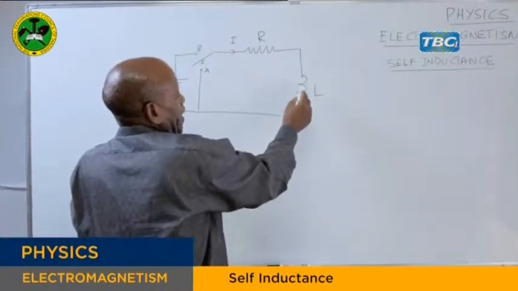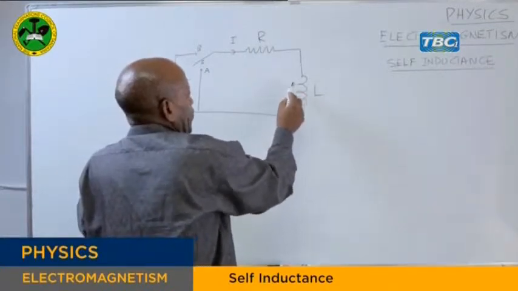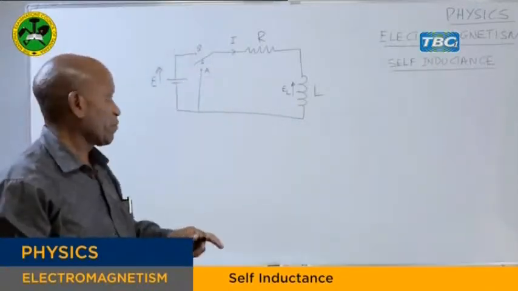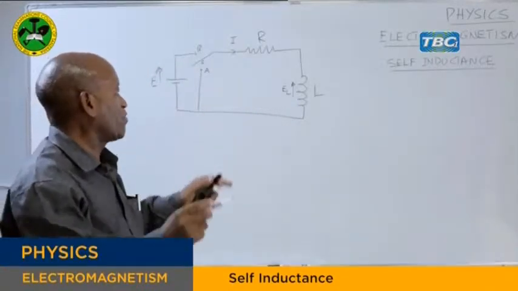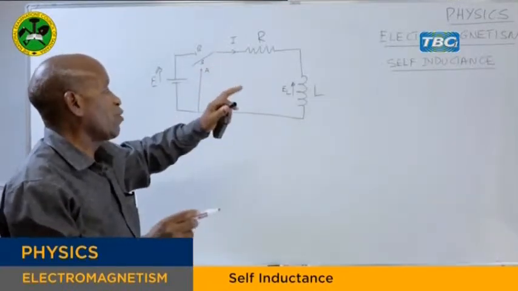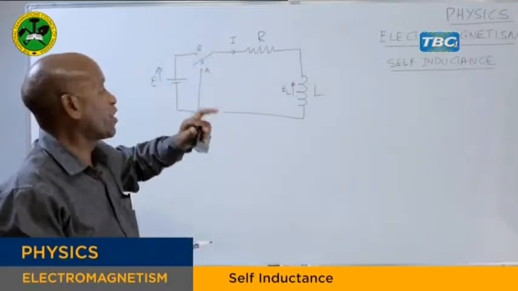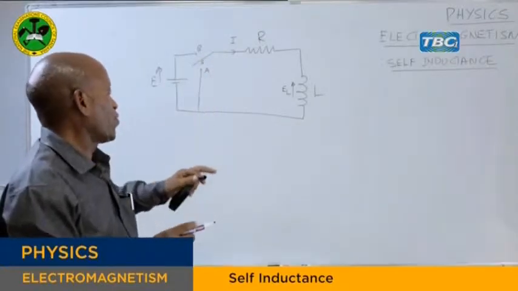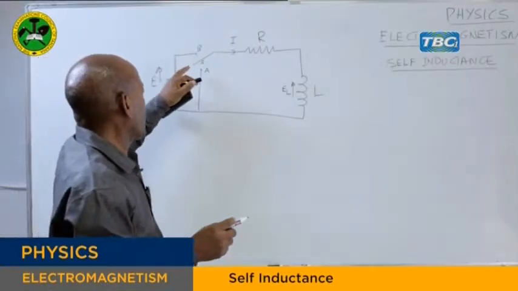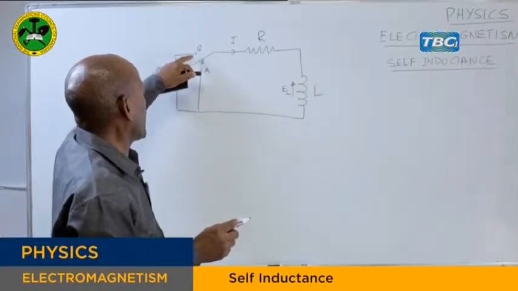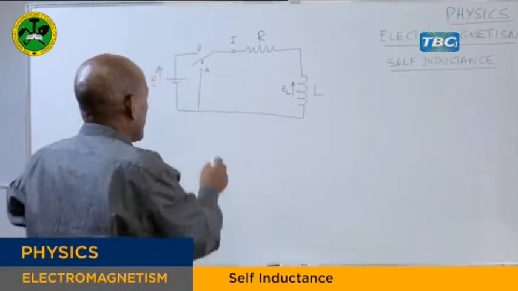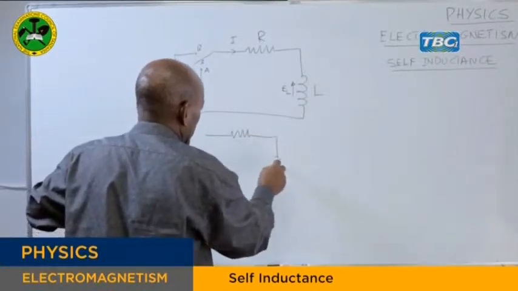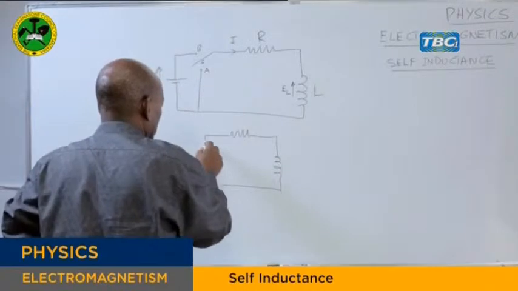While that current is produced in that way, there will be a back EMF produced within the inductor, trying to oppose this. So in a given time, the growth of this current won't go on indefinitely. It will come to a moment where the current reaches a maximum, so that we can now disconnect the switch S from B to A, and then we have a circuit containing only an inductor and a resistor.